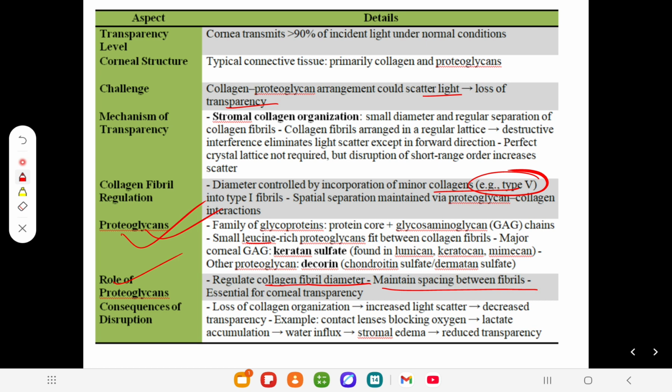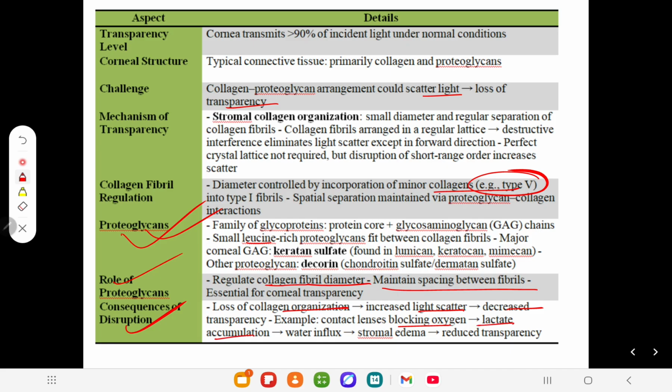So what happens if we disrupt that regular arrangement? Loss of collagen organization increases light scattering and decreases transparency. For example, a contact lens blocking oxygen: whenever you block oxygen, the anaerobic pathway becomes dominant, and the byproduct of the anaerobic pathway is lactic acid accumulation.